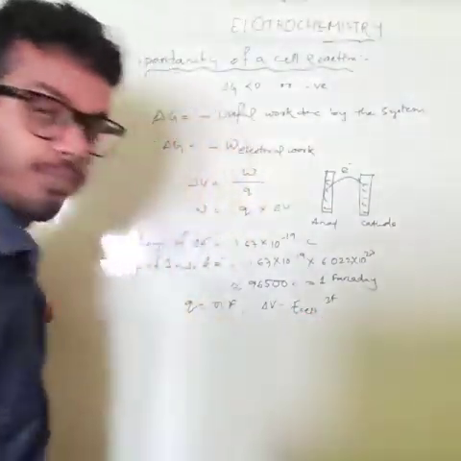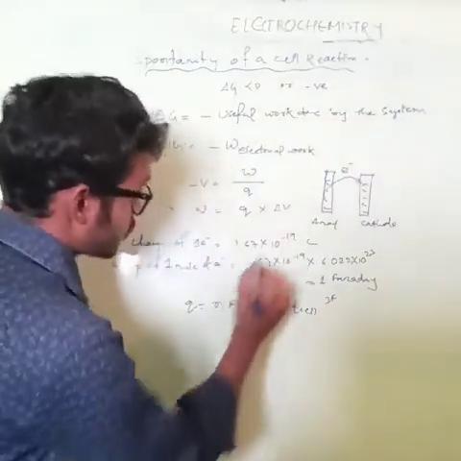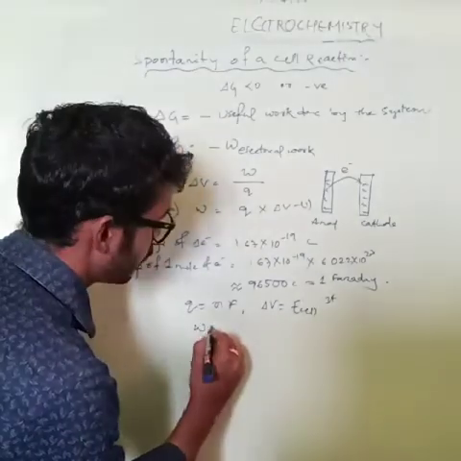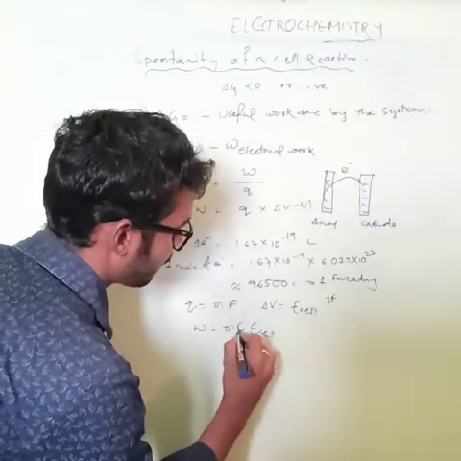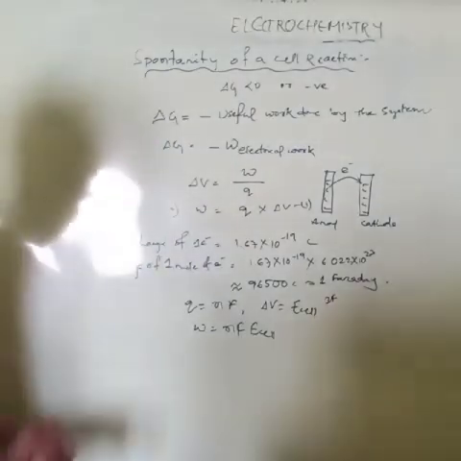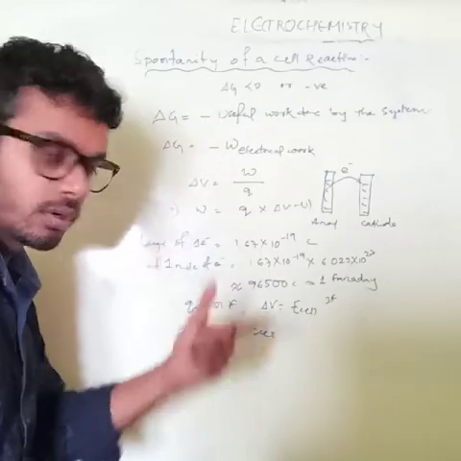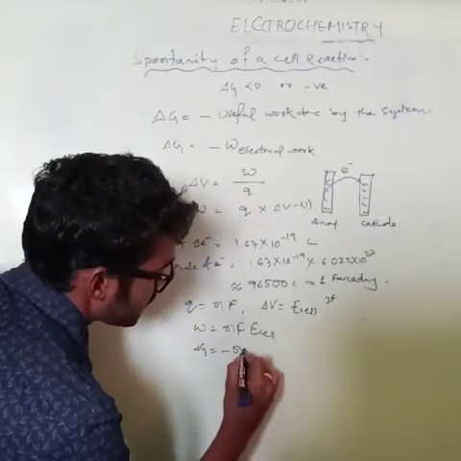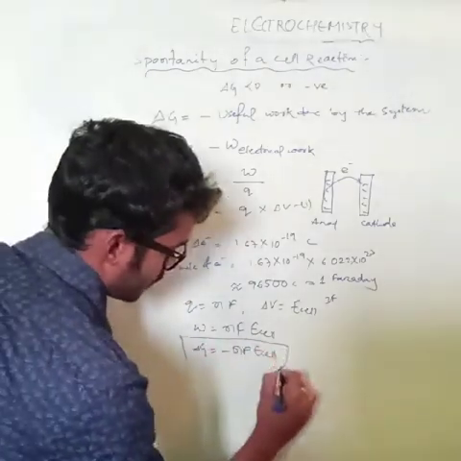So what will be the work done over here? So this equation 1 becomes W equals nF E cell. But for del G, it will be the negative value of this for spontaneous. So del G will be minus nF E cell. This is the relation.